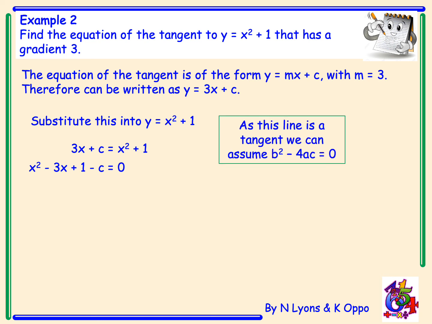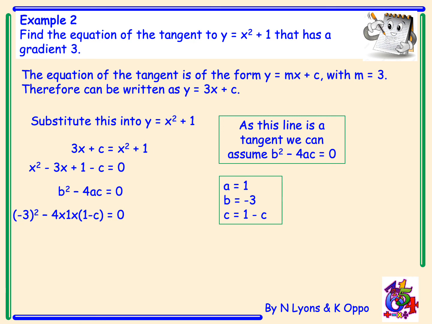As the line is a tangent, we can assume that our discriminant is equal to 0. So b squared minus 4ac equals 0. The values of a, b and c are a is 1, b is minus 3 and c is 1 minus c.